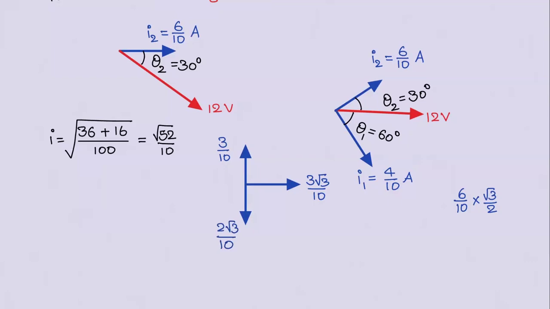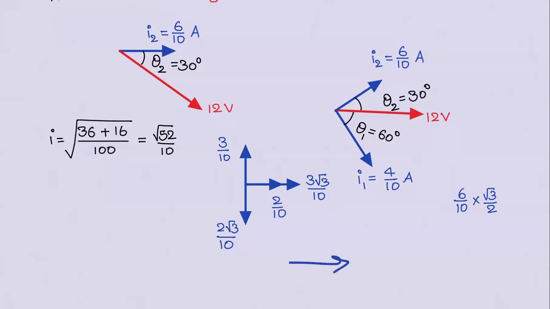And then there will be one more parallel component, right? Like this. That will be 4 by 10 cos 60. Cos 60 is 1 by 2, so 2 by 10, right?